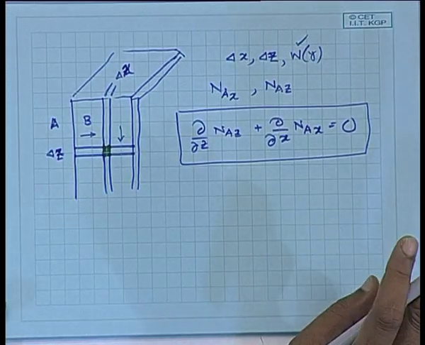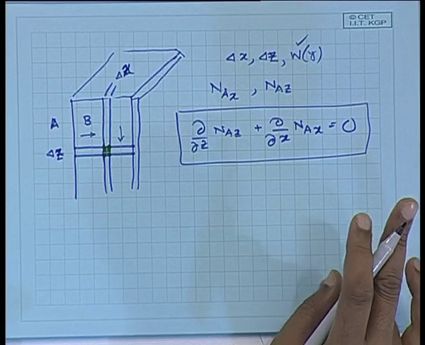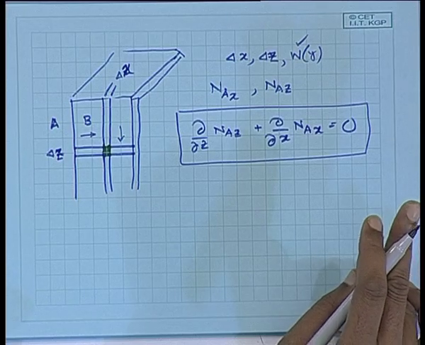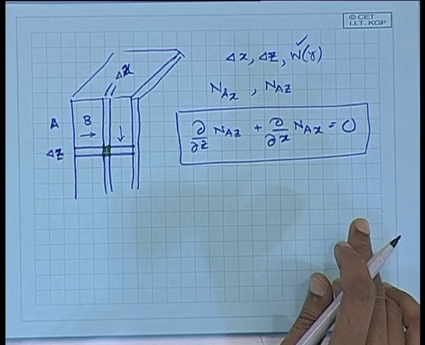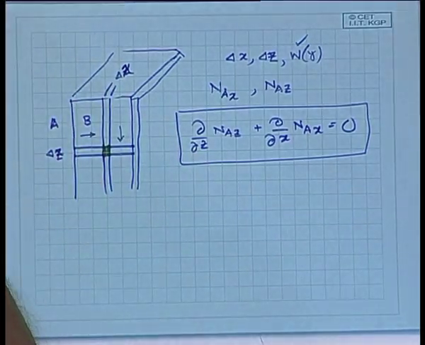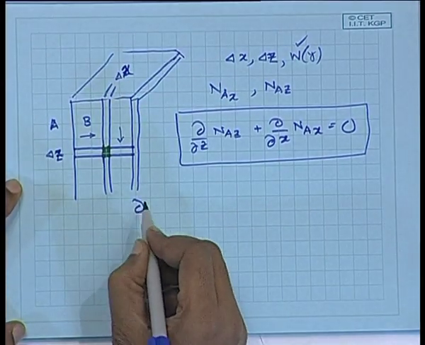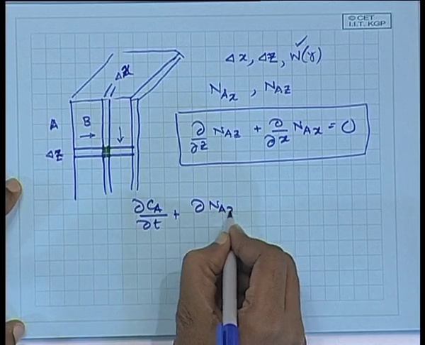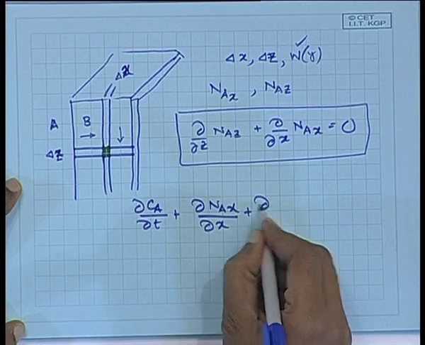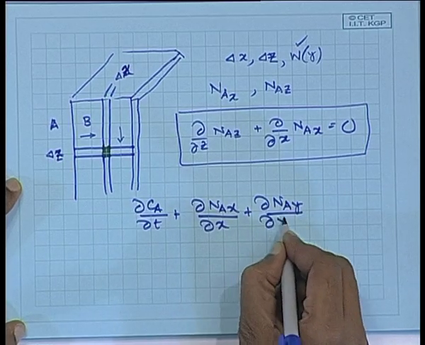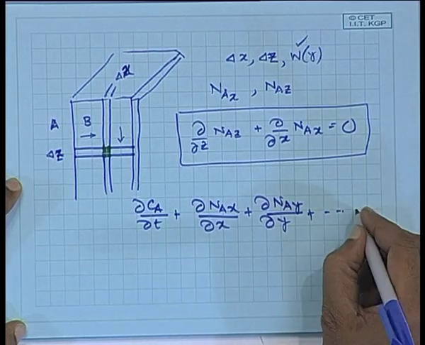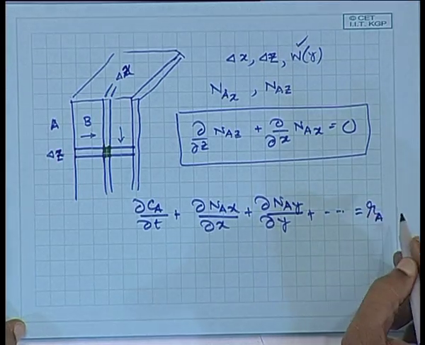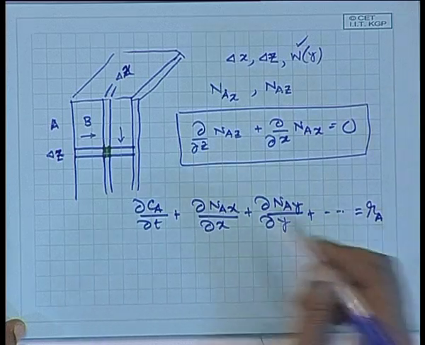Is there any problem? The same exercise you can do by simply writing the diffusion equation which we have derived in the last class. The equation that one can use, what we have developed in our last class, is del Ca del t plus del Nax del x plus del Nay del y plus the z term is equal to Ra, where this is the amount consumed by reaction, etc. So, how do you get the governing equation?